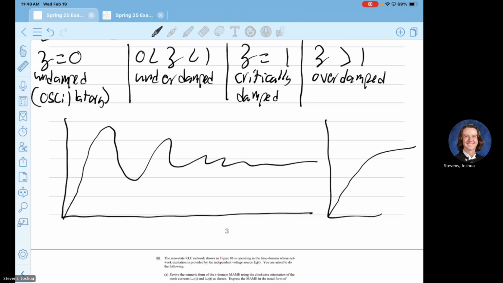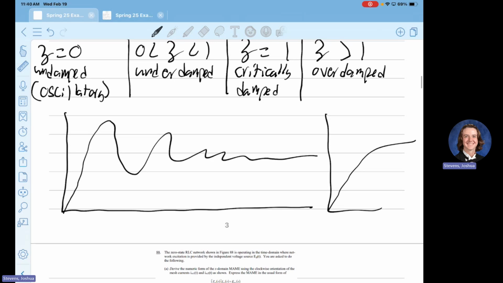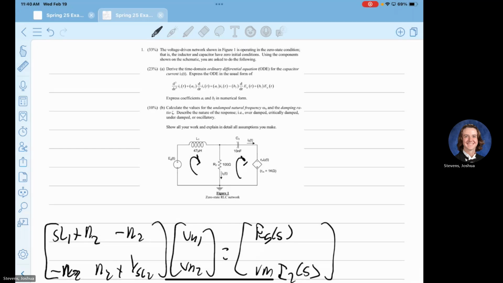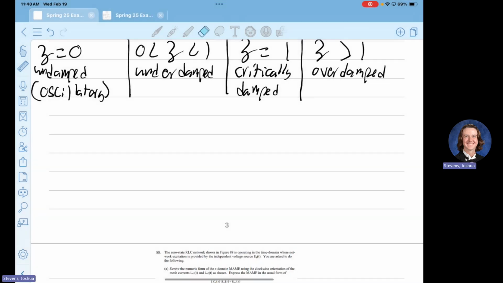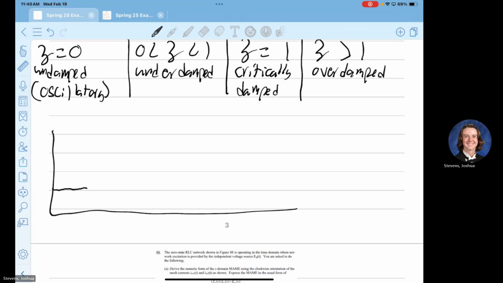If it's undamped, wait, no, I'm sorry. Wrong part. You're going to have a signal that comes in, and various different circuits are going to produce different things.